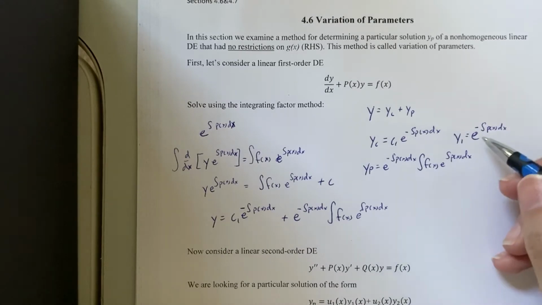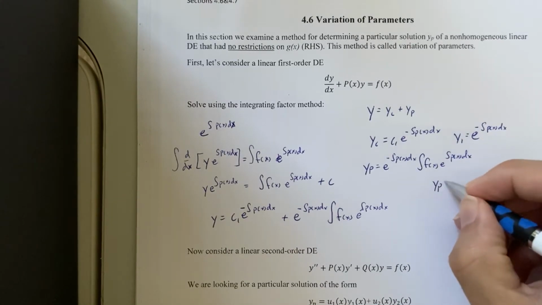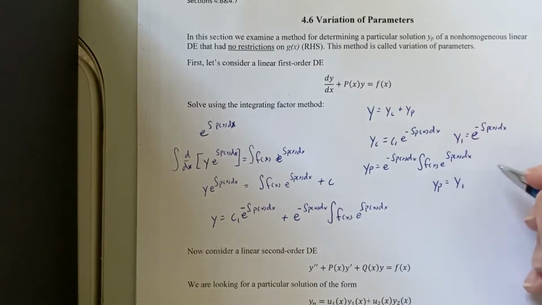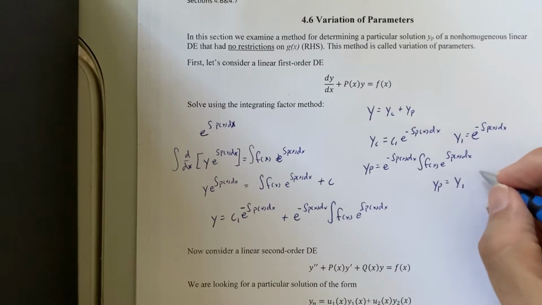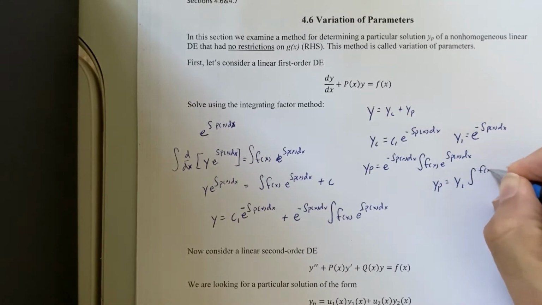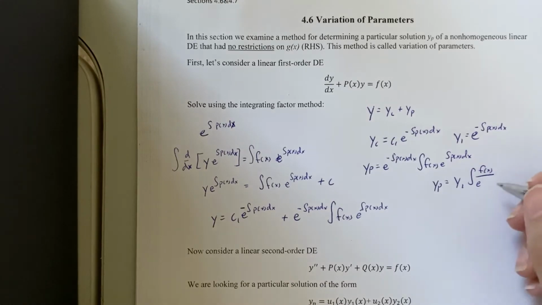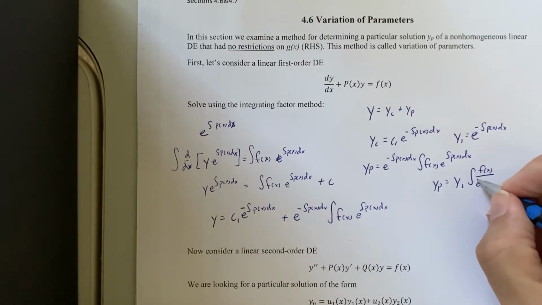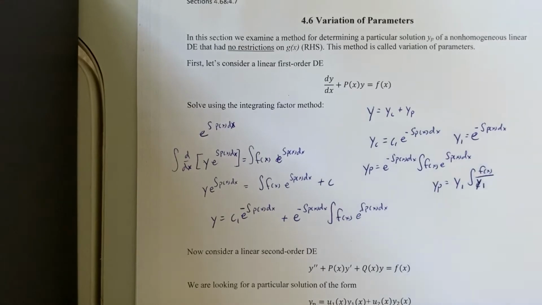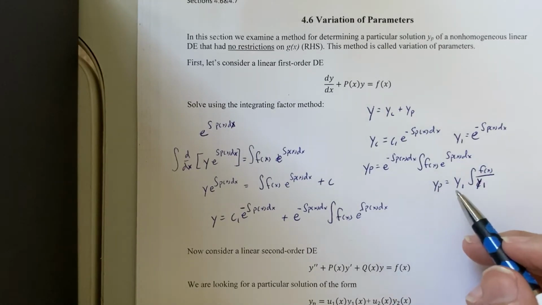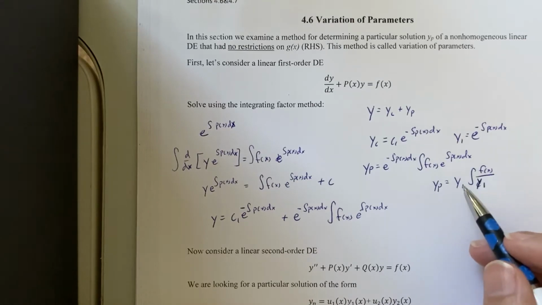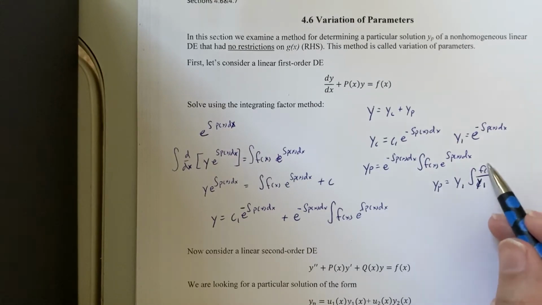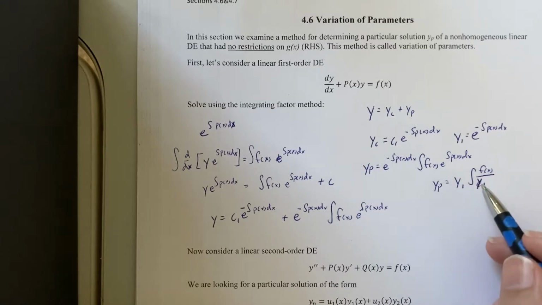And if I look at this further, I can see that my y sub p is really just y sub 1 times this part right here, which I can actually rewrite as the integral of f of x over y sub 1. And so therefore our particular solution is just our solution to the non-homogeneous part times some other function that we would get here if we took the integral.